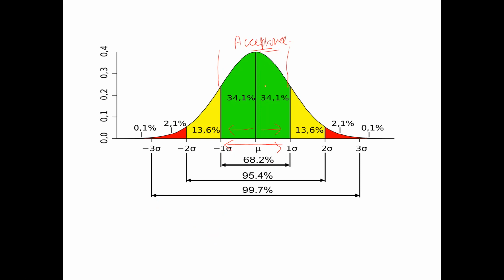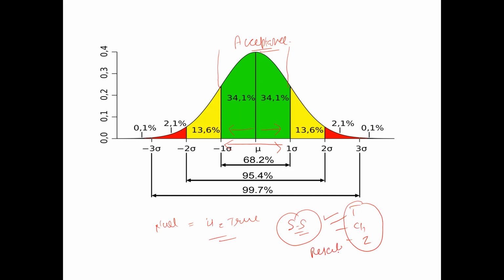Now I'll tell you how the null hypothesis is true. How can you find that your null hypothesis is true? When you have found your sample statistics and you apply certain tests to them, like t-test, chi-square, z-test or anything, and the result falls in this area, that means your null hypothesis is true, and this is the region of acceptance.